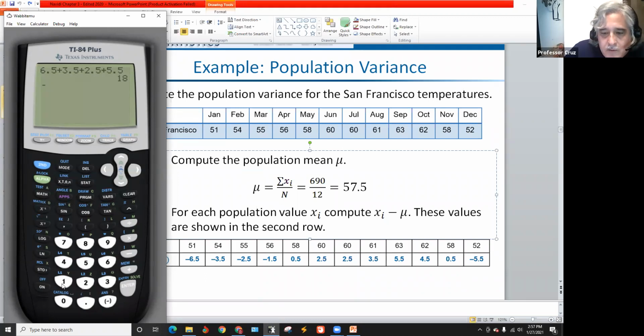So negative 18 are all the negative ones. All right, let's add up all the positive ones.